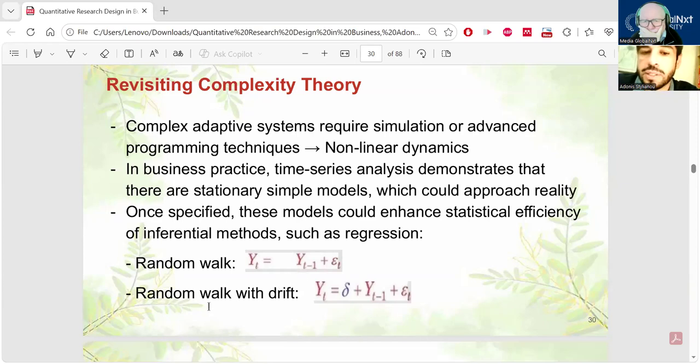in classical statistics. The random walk with the drift is similar, but it involves a constant which is associated with business change, basically, the structural factors of the business. It attempts to capture the actual trend of business development, right?